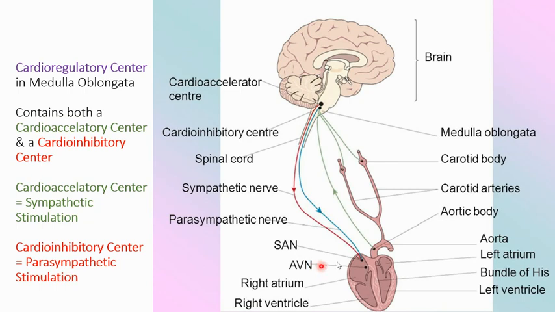That's what the SAN and the AVN are standing for, letting the heart know if it's supposed to speed up or slow down. That information was sent in by way of the carotid artery and the aorta. Notice the green arrows right here going in to the cardioregulatory center where processing was made. So this is just an overview of everything.